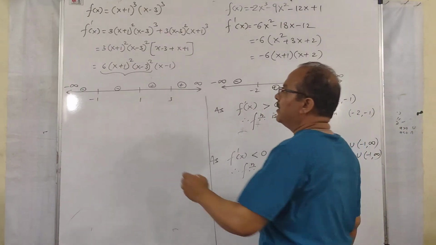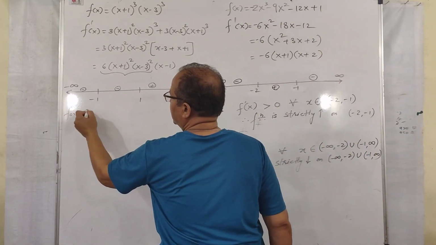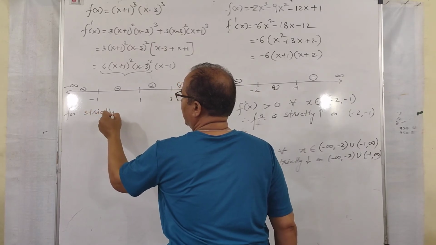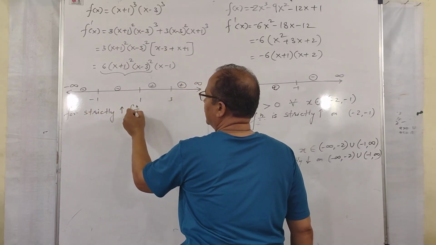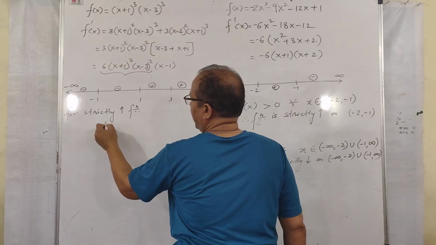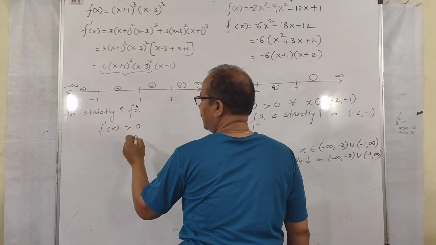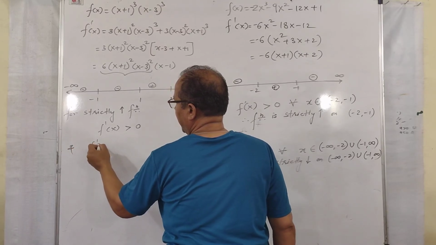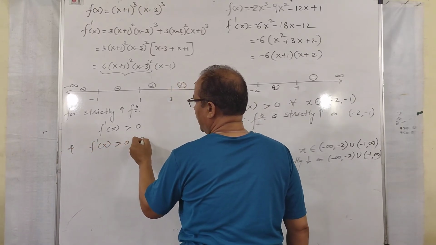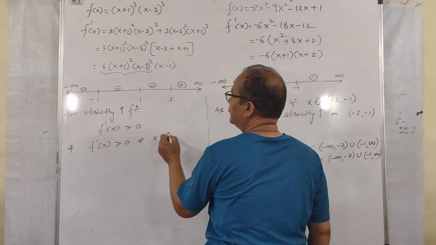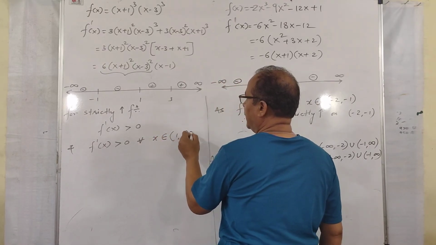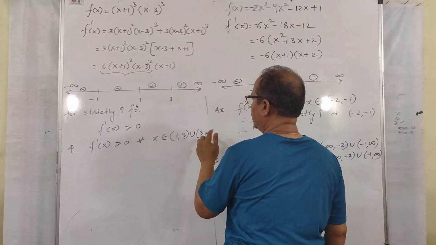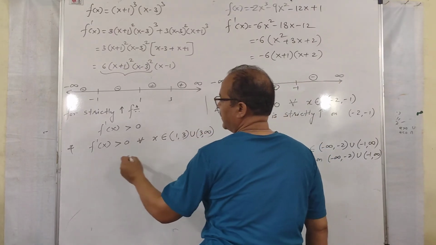So for a strictly increasing function, f'(x) must be greater than 0, and f'(x) is greater than 0 for all x belongs to 1 to 3 union 3 to infinity.